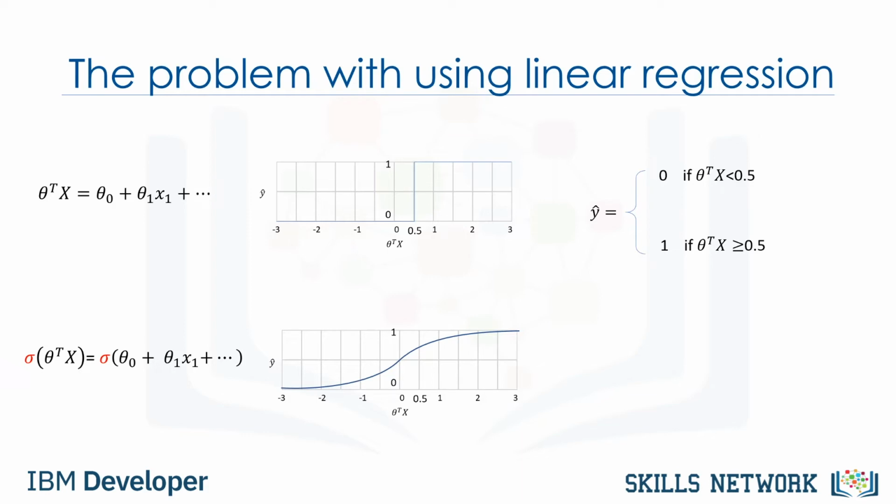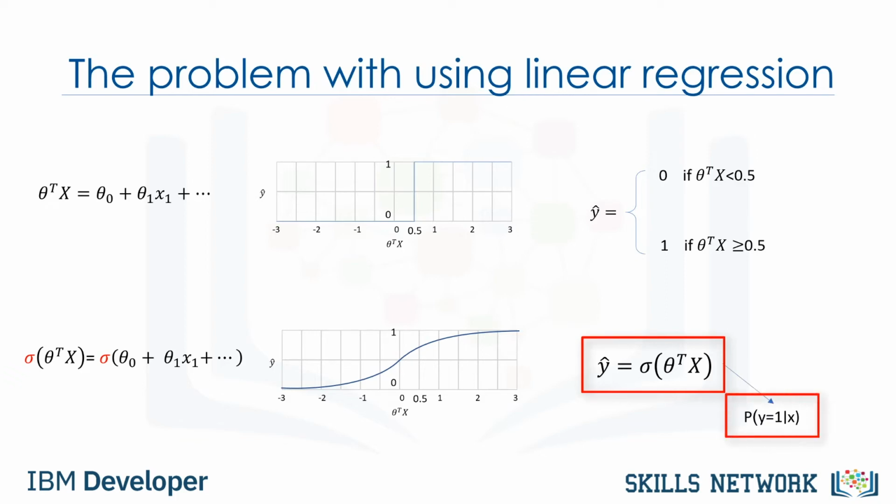Instead of calculating the value of theta transpose x directly, it returns the probability that theta transpose x is very big or very small. It always returns a value between 0 and 1, depending on how large the theta transpose x actually is. Now, our model is sigmoid of theta transpose x, which represents the probability that the output is 1 given x.